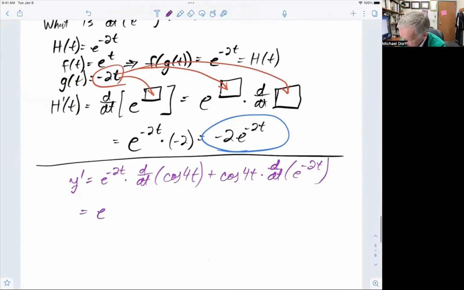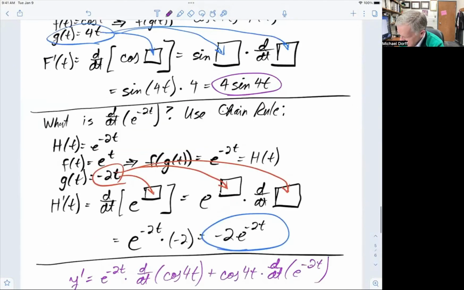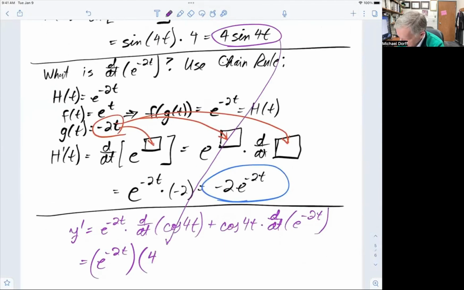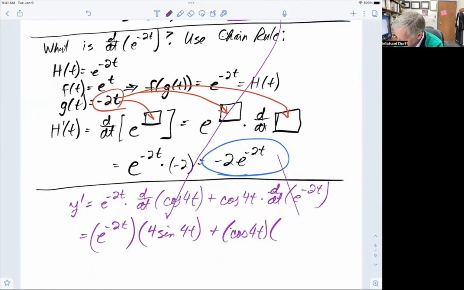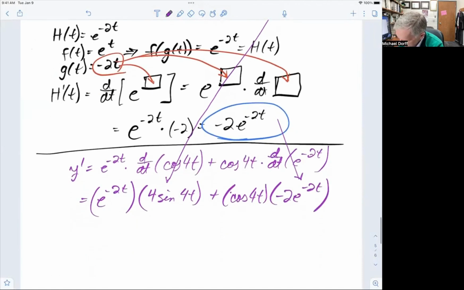All right, and so now what do we have? We know that the derivative of cosine 4t was, from up here, 4 sine 4t. And then we've got cosine 4t here. And then we have the derivative of e to the negative 2t, which here was negative 2e to the negative 2t. So you have that as an answer.